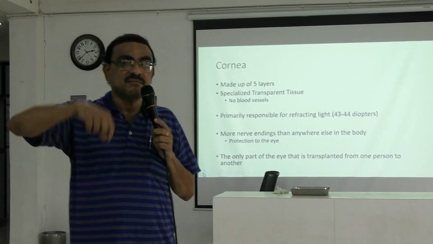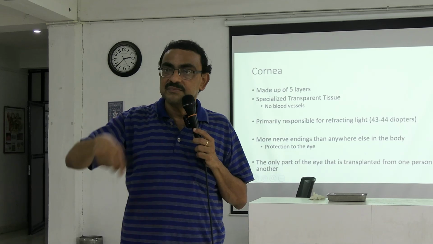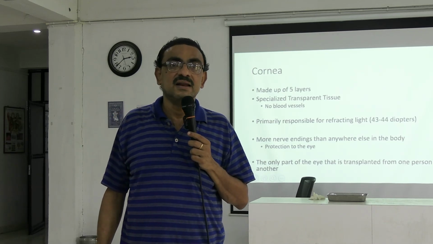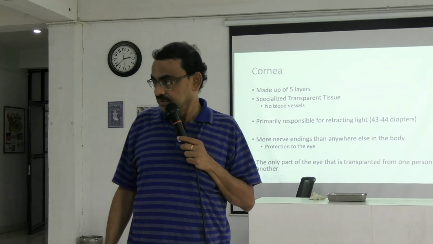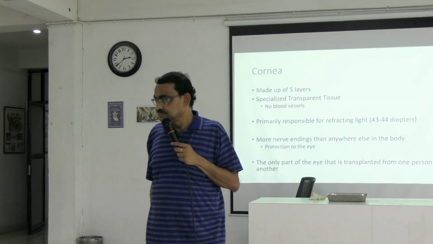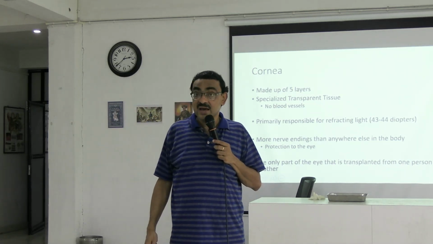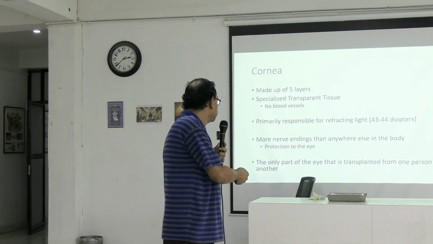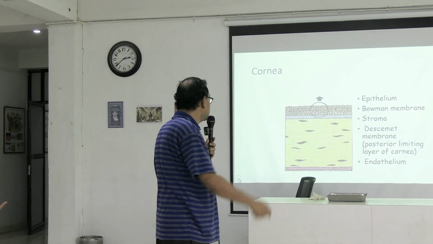You may assume it is a single layer of cells. There are 5 layers present within the cornea.